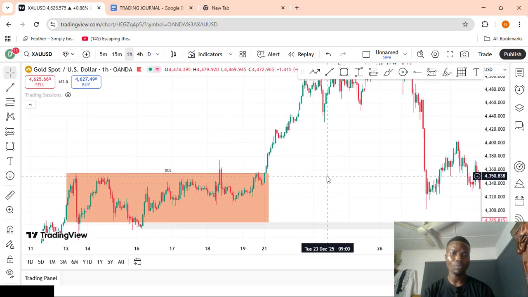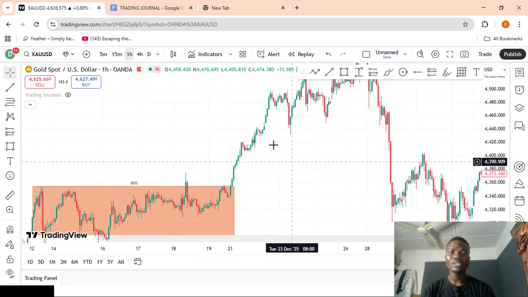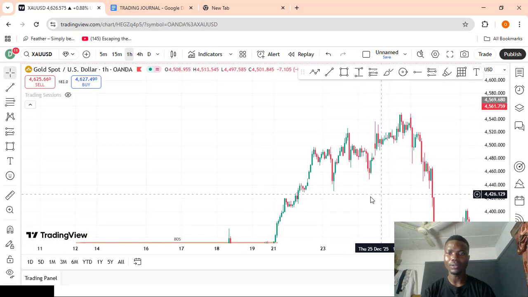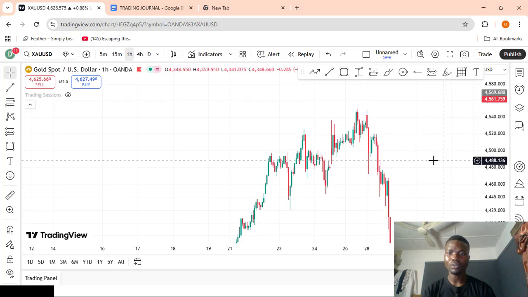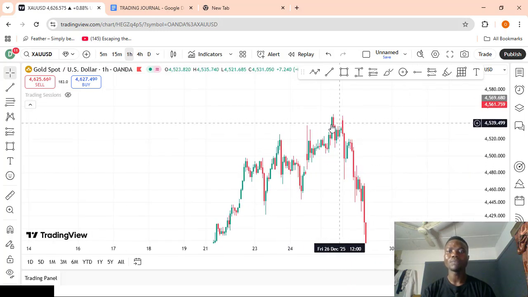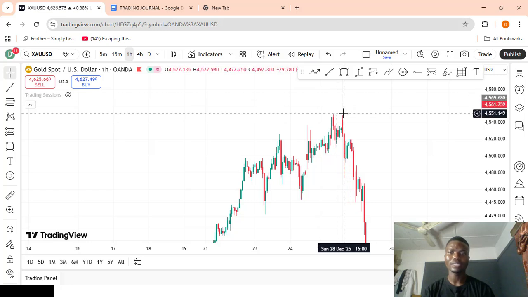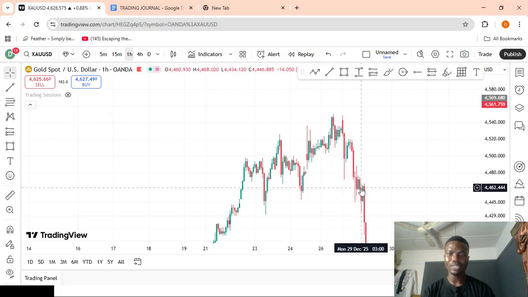before it continues that upward movement. So now you see that the market was going up on and on, and at some point the market could not continue to go up again, and it was selling downward.